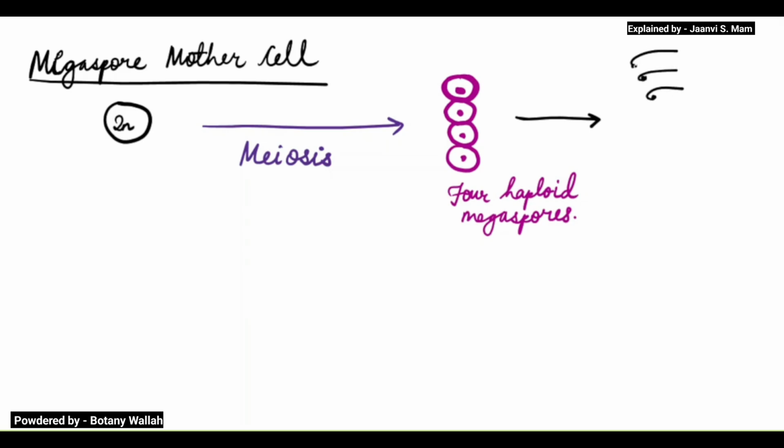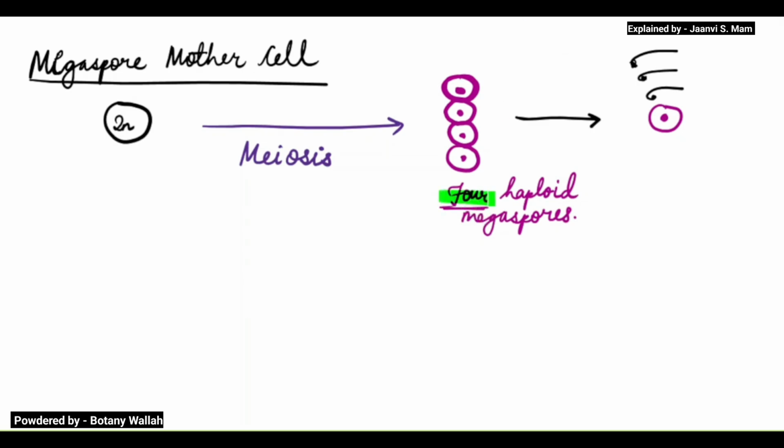So you can show it. Here we can't say where the chalazal end is, because we have not taken any reference. But suppose I take the upper side as the micropylar region and the lower side as the chalazal region, we can draw one megaspore.